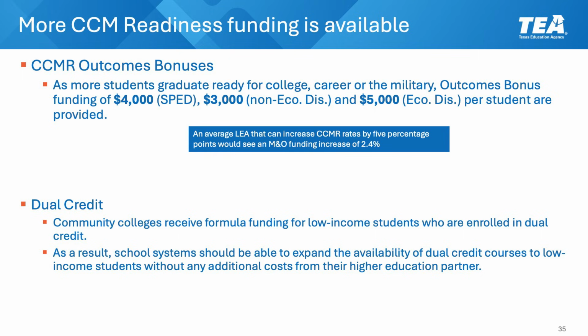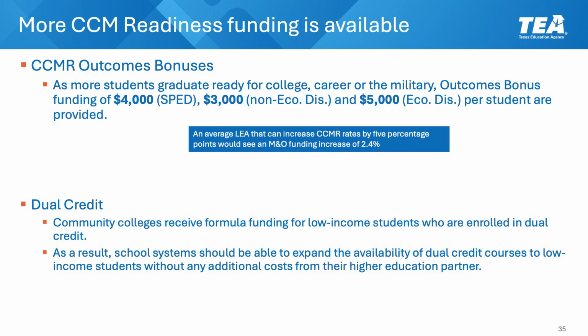School systems receive additional funding for preparing students for college, career, and military when the students take that next step in their career by enrolling in post-secondary institutions, completing an industry-approved credential, or even enlisting in the military. As more students graduate ready for college, career, and the military, outcomes bonuses of $4,000, $3,000, and $5,000, depending on the student, are provided back to the district.